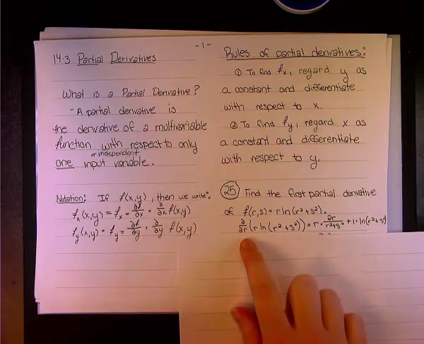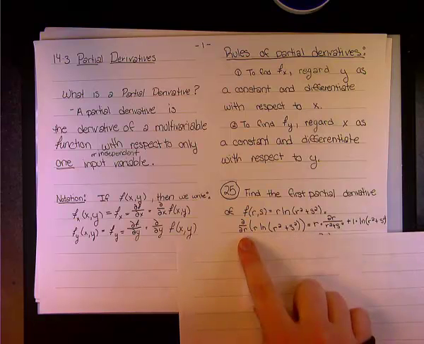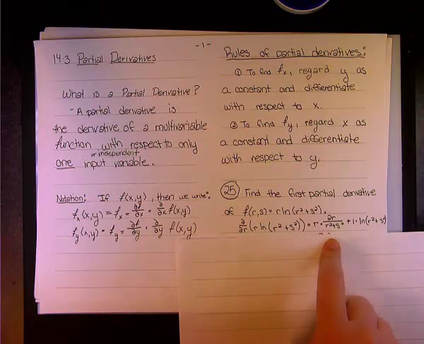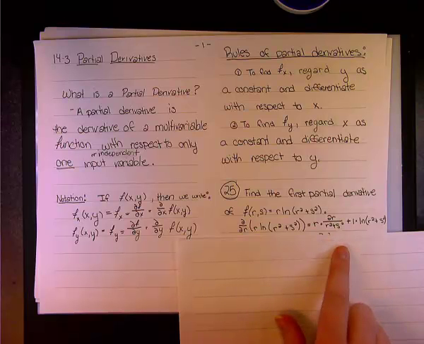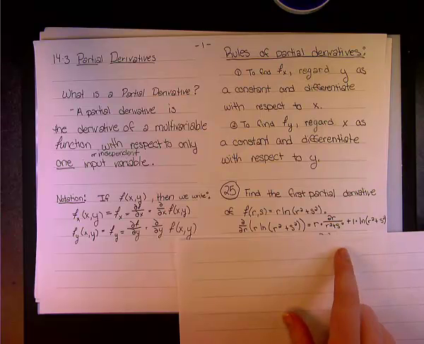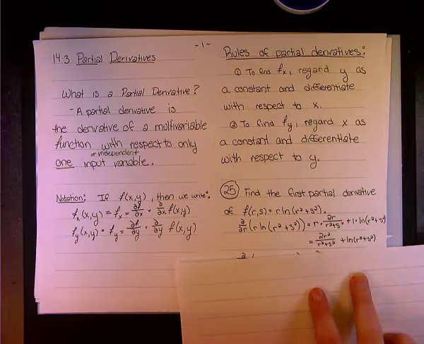Yeah. So what I did first was I took the partial derivative with respect to r of our function. I just used it as an operator. And so we get r times 2r, which would be the derivative of the inside, over r squared plus s squared, plus, I'm assuming you guys can follow this, then plus 1 times the natural log of r squared plus s squared.